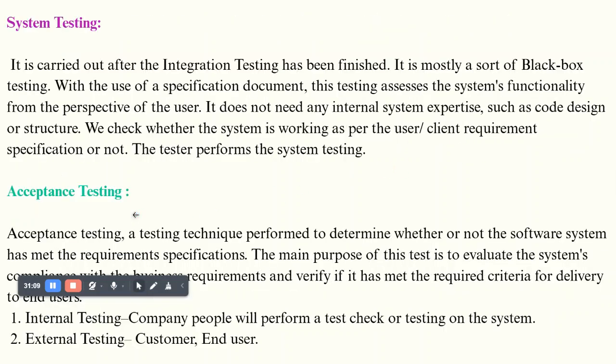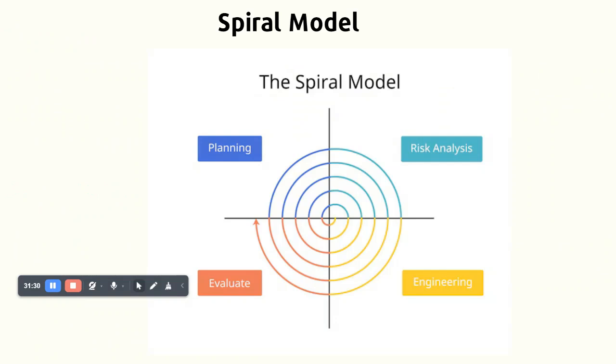What is unit testing? I already explained it to you. This is integration testing, system testing, acceptance testing. All the theory material is here. Please go through it and watch the V model diagram, and link it back to this theory. If there is any problem, I am here to reply to you.